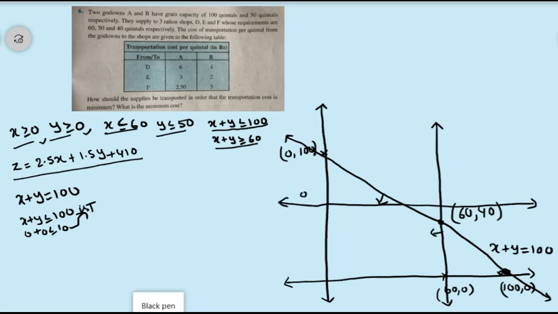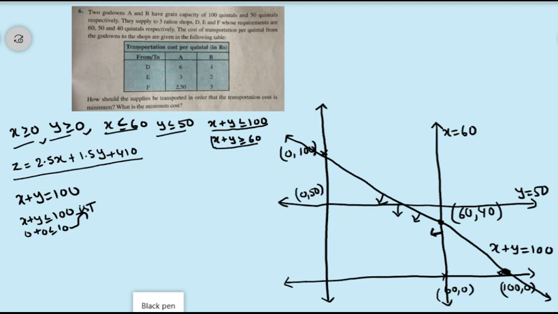This point is 0 comma 50, and this line is x is equal to 60, and this line is y is equal to 50. But y less than or equal to 50, here also towards the origin, earlier also towards the origin, x less than or equal to 60 also towards the origin.